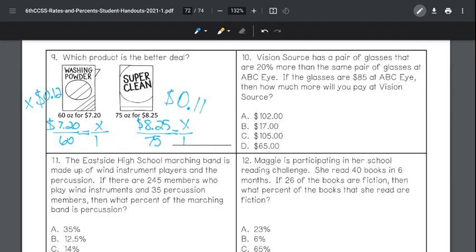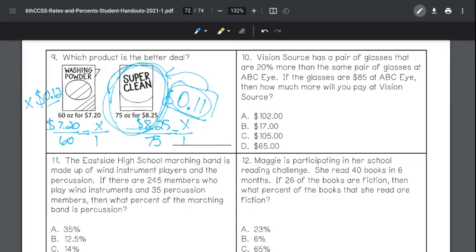Well, what's cheaper? 11 cents for every ounce or 12 cents for every ounce? 11 cents, sorry. So this is your better deal: the super clean, the 75 ounces for $8.25, or the 11 cents per ounce.